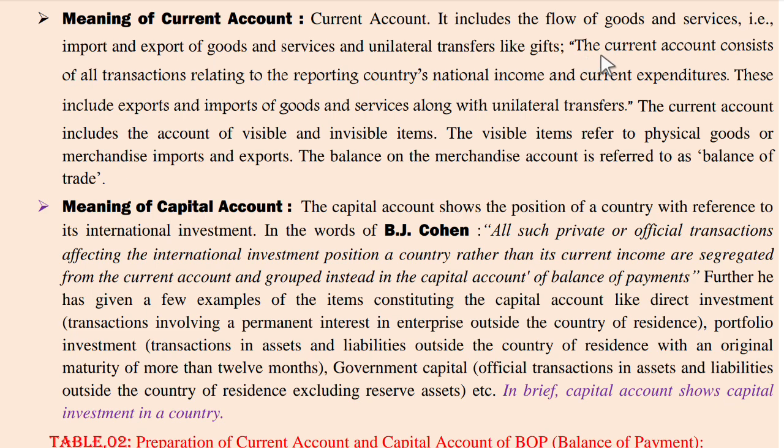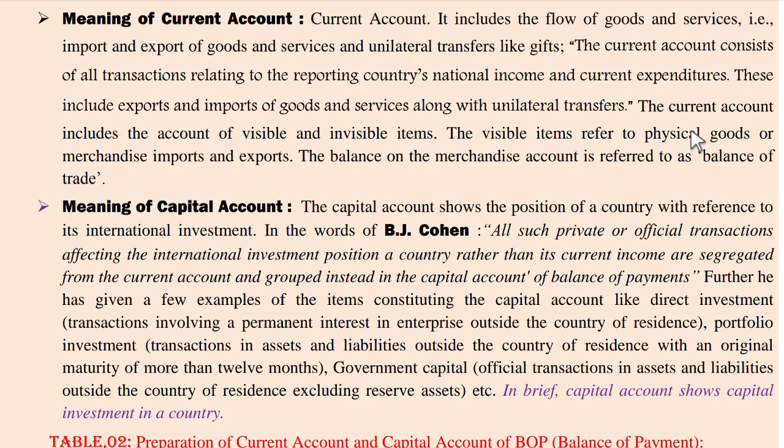The current account consists of all transactions relating to the reporting country's national income and current expenditure. These include exports and imports of goods and services along with unilateral transfers.